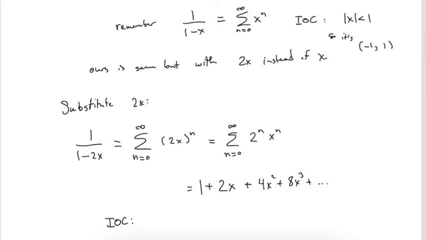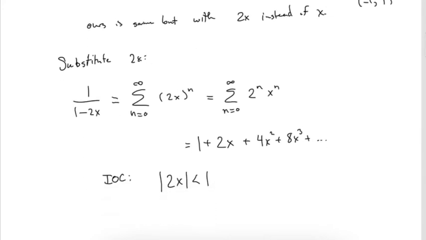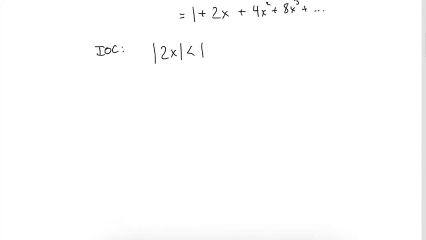In my more fancy example, it's the same thing, but I have to use 2x instead of x. So for the interval of convergence, it's that, right? And now what you have to think about is, what interval does that represent? I mean, this is where you start, but you need to figure out what the interval is.